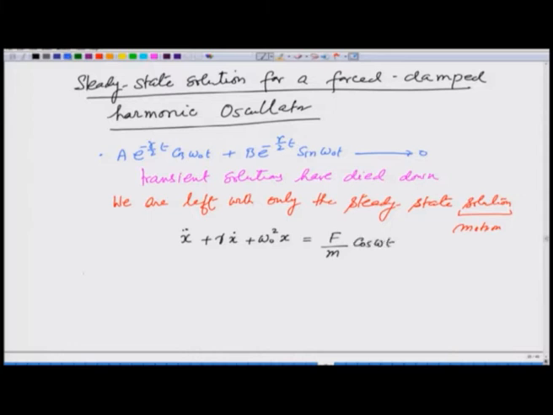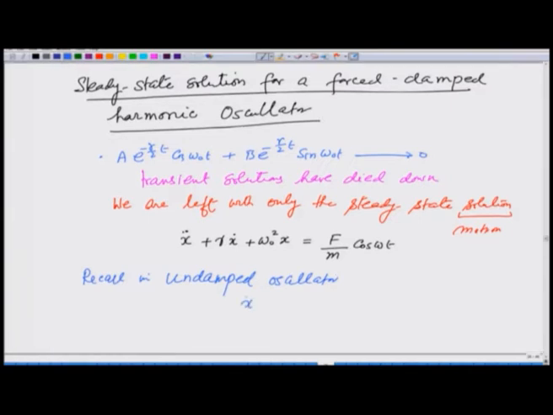So, recall in undamped oscillator what I had done, where the equation was x double dot plus omega 0 square x equals f over m cosine omega t, we had assumed a solution of the form x t equals some amplitude cosine of omega t.